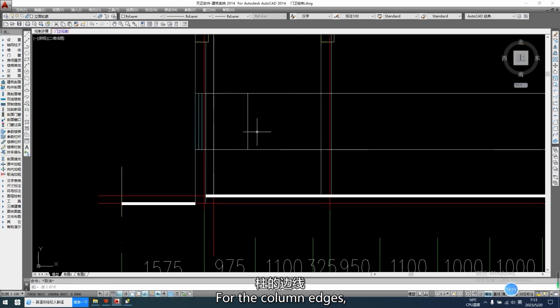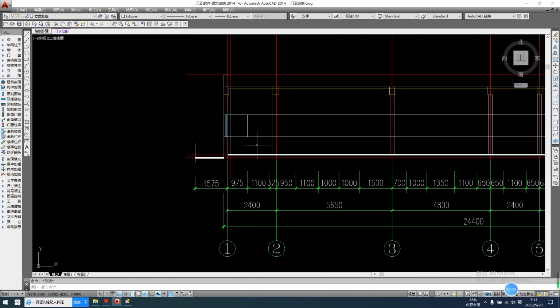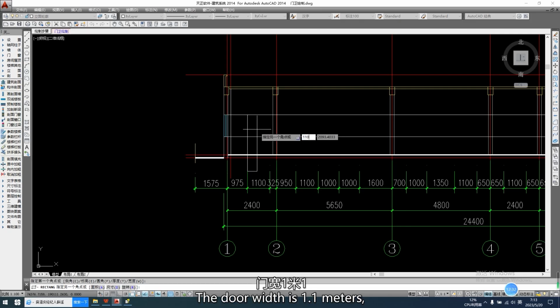For the column edges, our windows are arranged adjacent to the columns, so they still need to be moved 175. The door width is 1.1 meters.